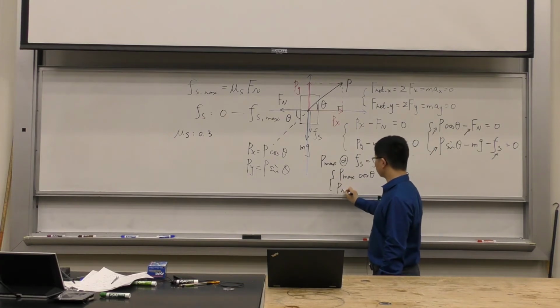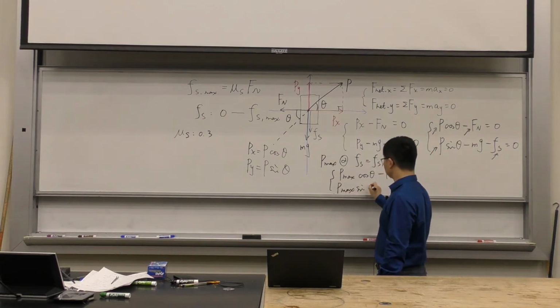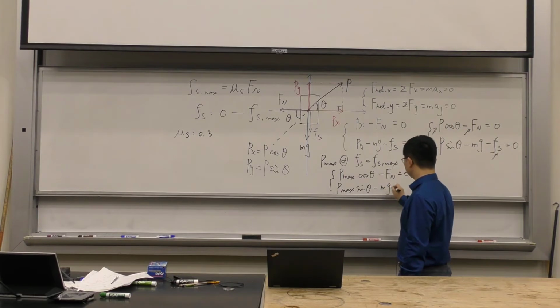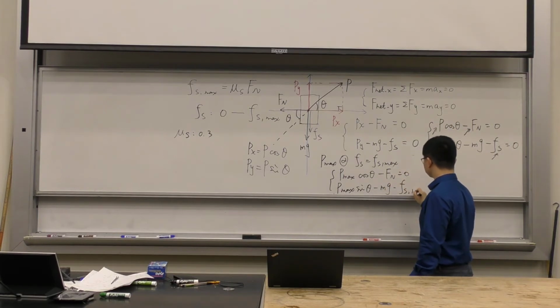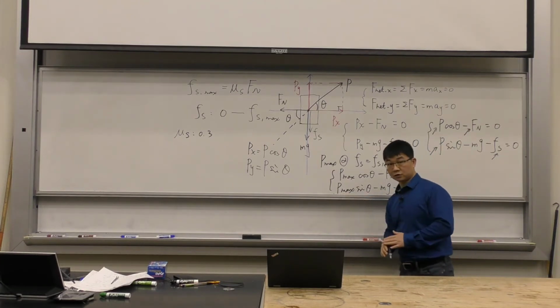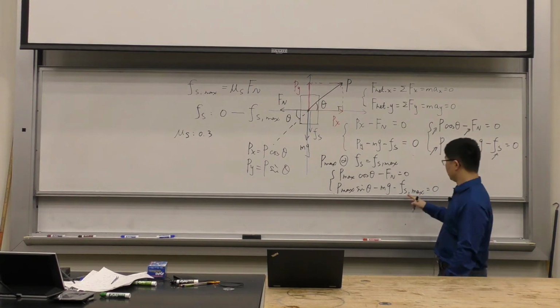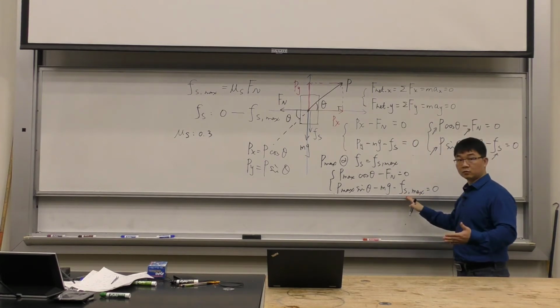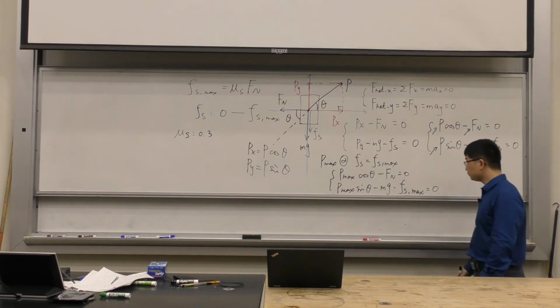Now the second equation, negative mg. Now the static friction force has reached the maximum, right? So that's the critical point. If you keep increasing the P force, now it's going to start to move because this guy cannot increase anymore. This is the best it can do.